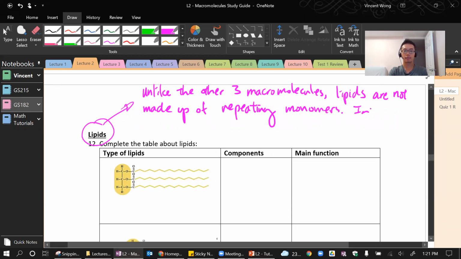Okay, instead, they consist of components. Okay.